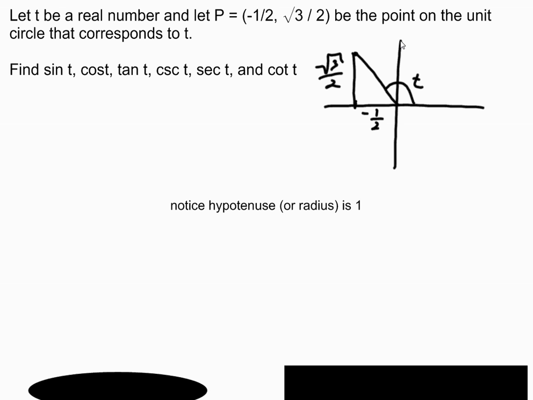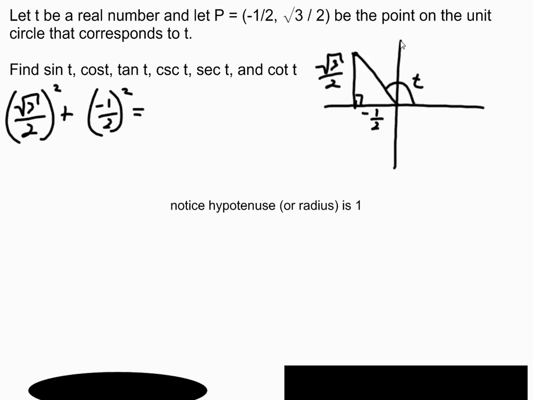Well, how do I know that's on the unit circle? So let's verify. If it's on the unit circle, it means it's a radius of 1. There's my right angle. So to verify that it's a radius of 1, I'm going to apply the Pythagorean Theorem. Square root of 3 over 2 squared plus -1 over 2 squared.